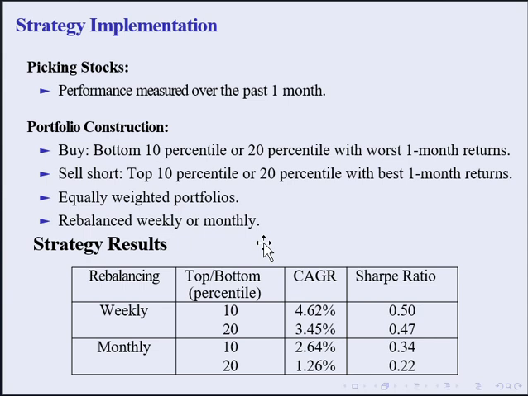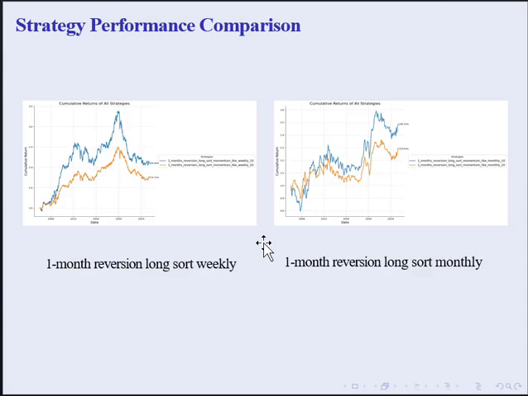Clearly, with weekly rebalancing, the top bottom 10 percentile stock strategy is giving the highest CAGR 4.62% and highest Sharpe ratio 0.50. You can see in the plots that the weekly 10 percentile strategy is giving the highest return in terms of cumulative return also.